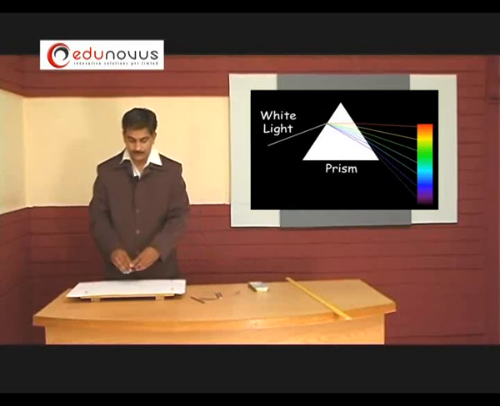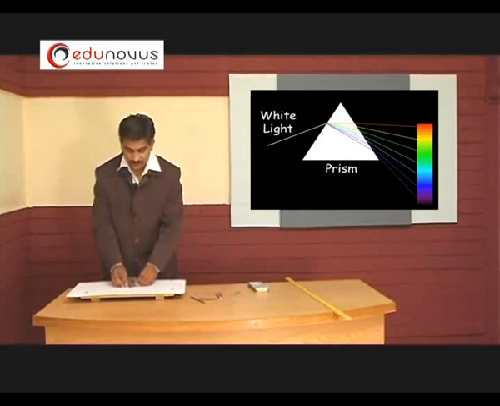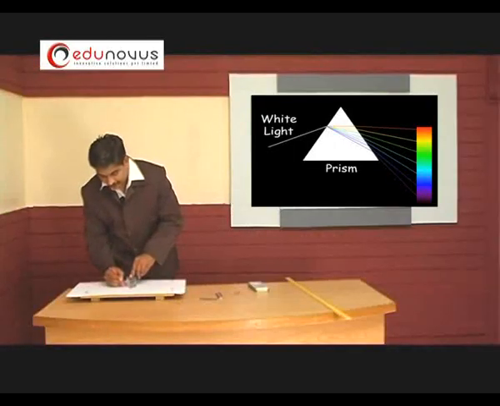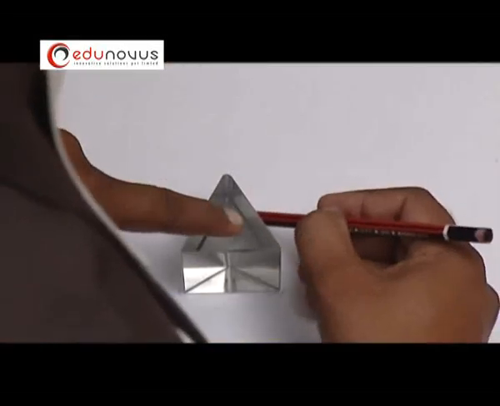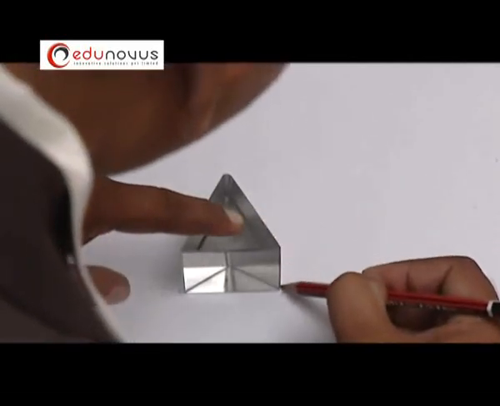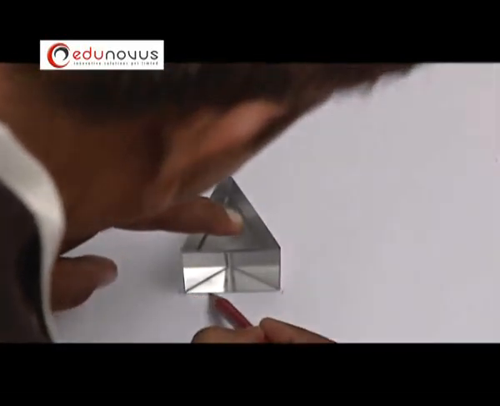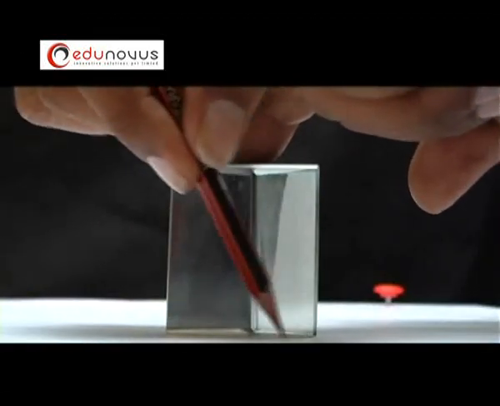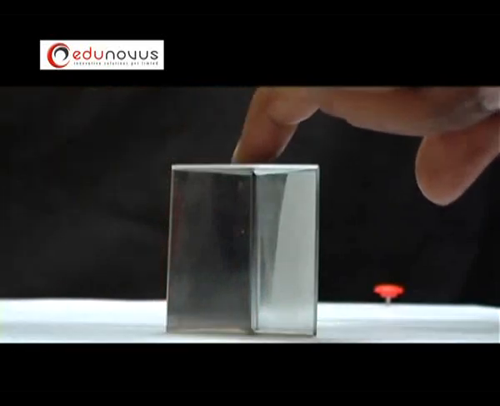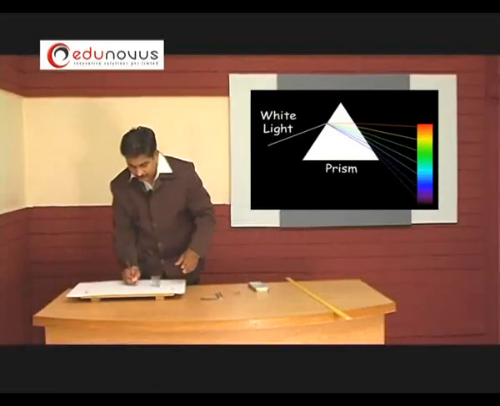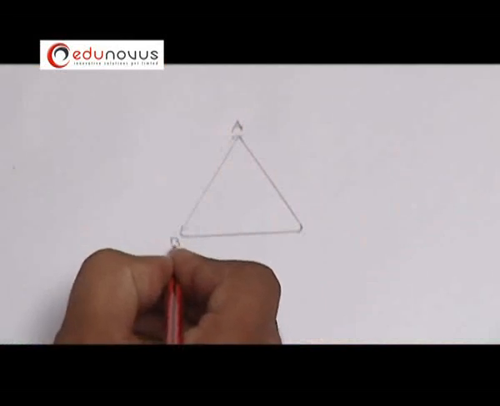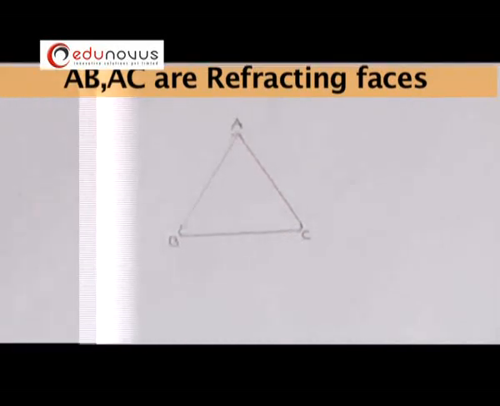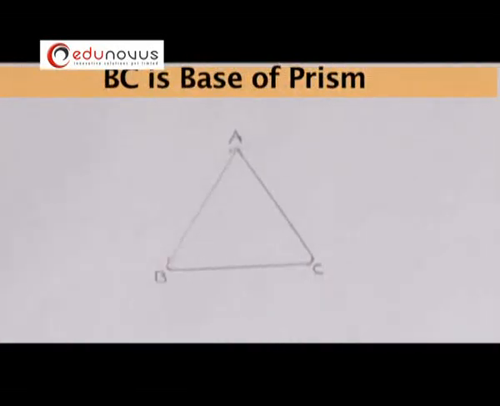Consider the given prism at the center of the drawing paper and trace the sides of the prism with the help of a pencil. Name the three faces. AB and AC are refracting faces and BC is the base of the prism.